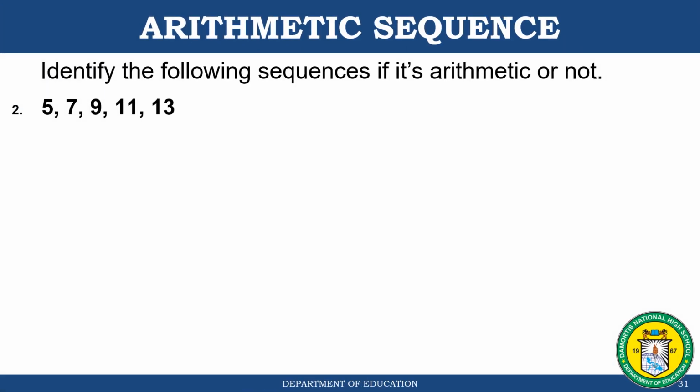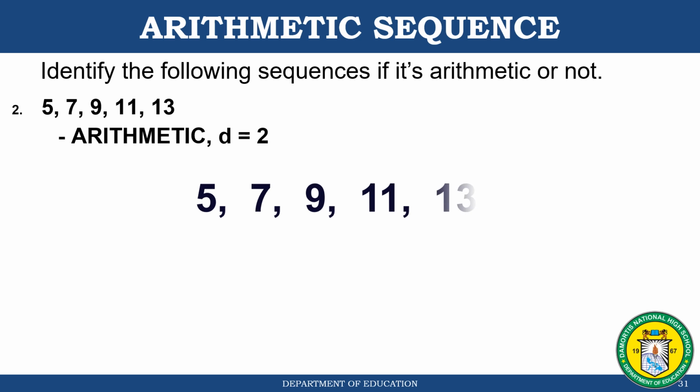Let's have number 2. 5, 7, 9, 11, and 13. What do you think? Is it arithmetic or not? Correct. The answer is arithmetic, and the common difference is 2. Let's try to check.